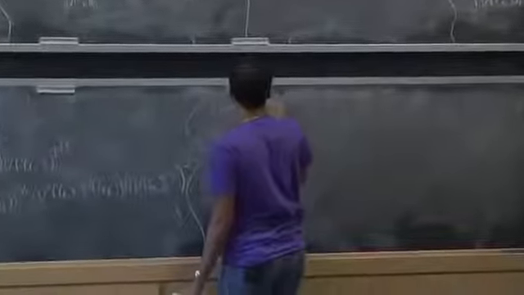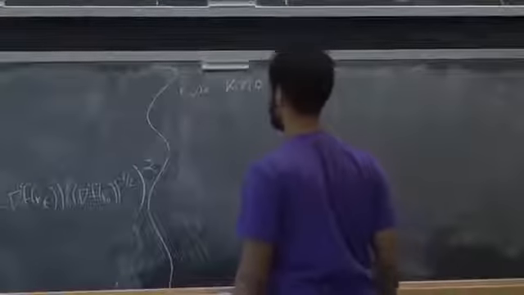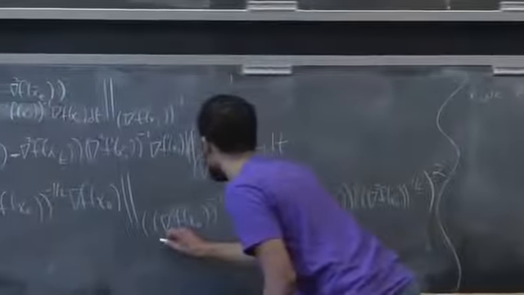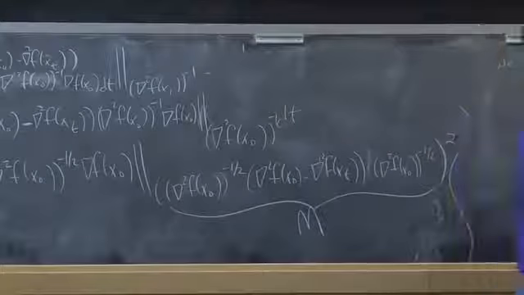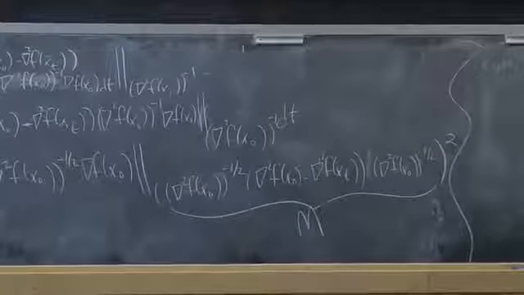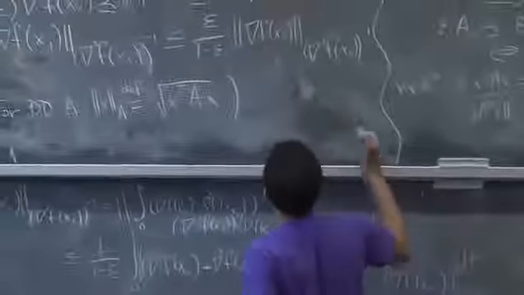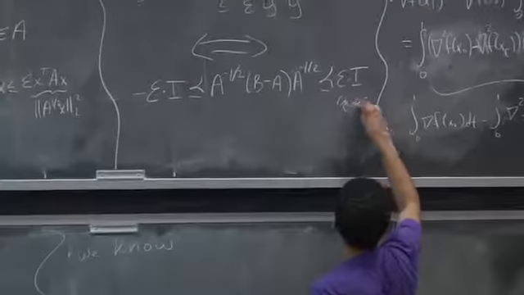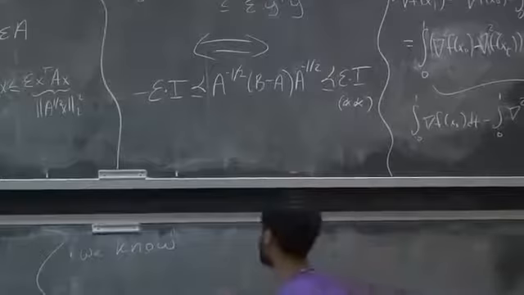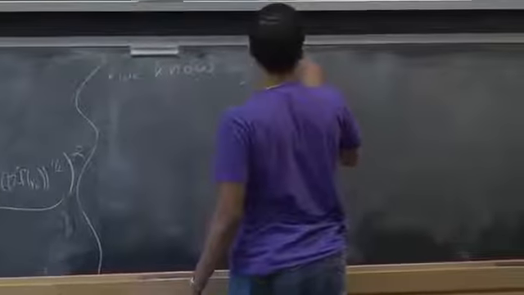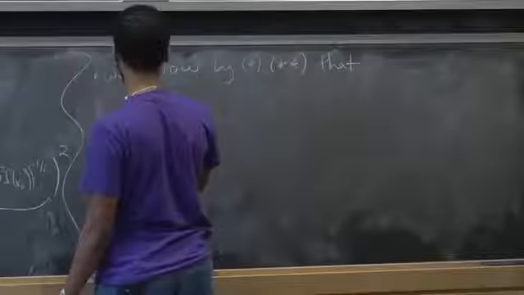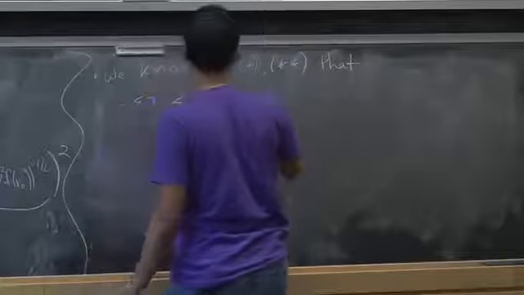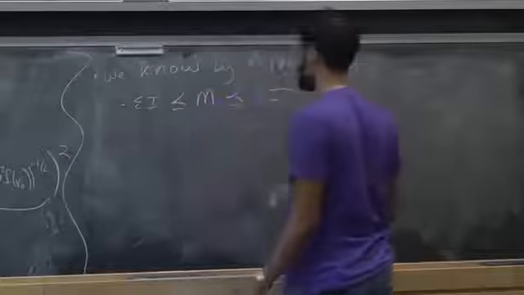Basically, call this whole matrix M. By this, and if you combine those two things, we know by star and double star that M minus epsilon I is at most M is at most epsilon I in the Loewner ordering.